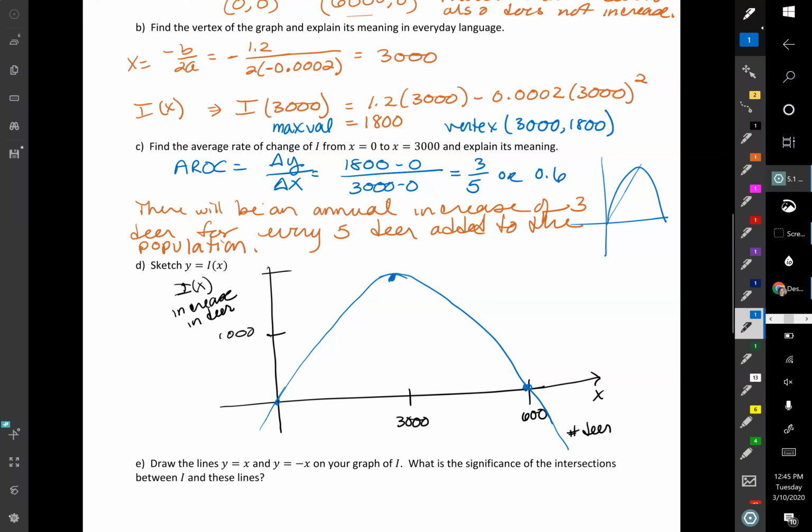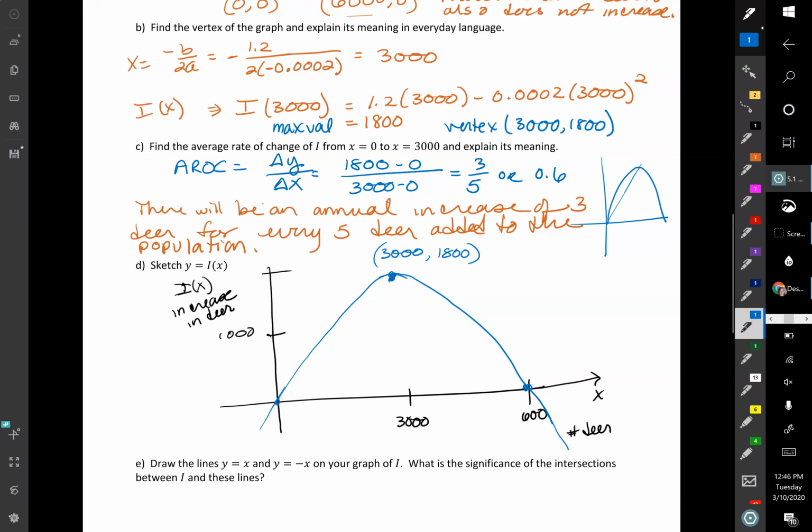So this is the increase function. One thing I want you to get in the habit of is labeling your vertex, 3,000, 1,800. Okay. So that means at this point, the next year, if you increase by 1,800, you would have 4,800.